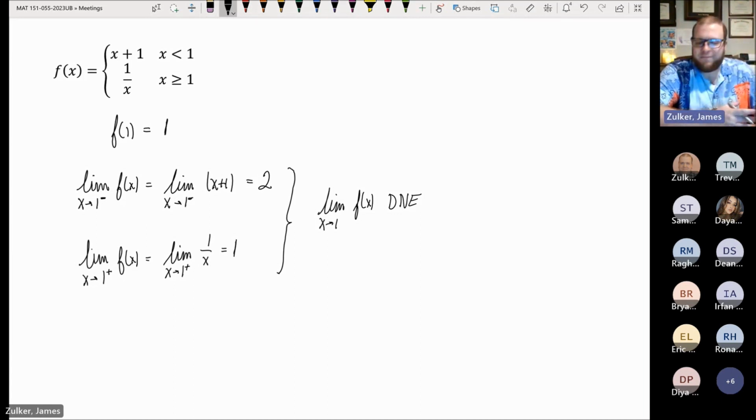Now the question is, is it left-hand continuous or right-hand continuous? Or neither. It could be neither. This is easy to determine. You just look at the two one-sided limits and you determine which one equals f of 1.